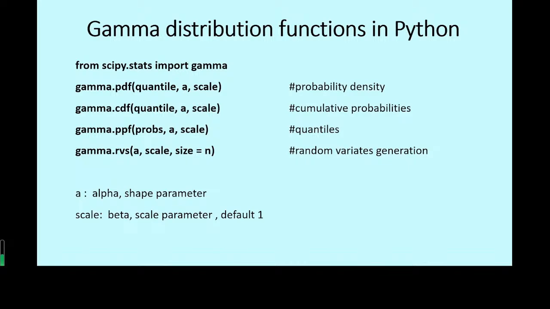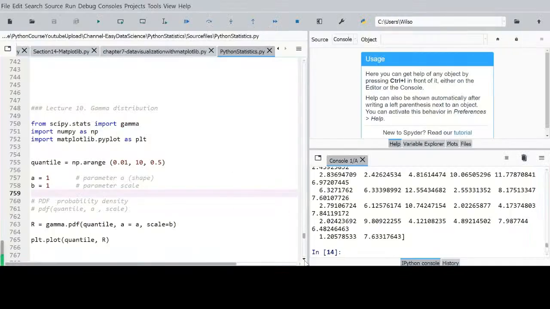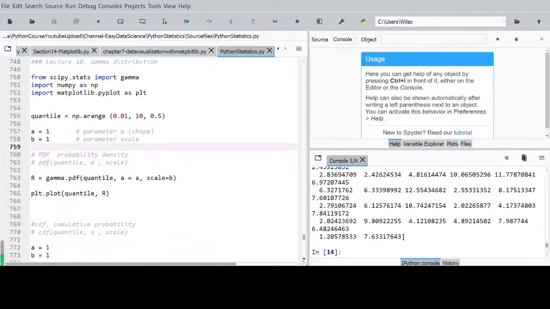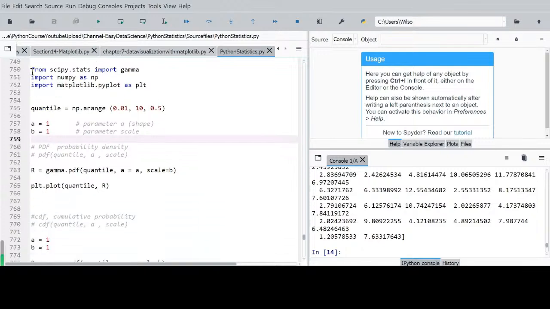Next, we will show several simple examples in Python. First, we have to import modules for gamma from scipy.stats, and the numpy module and matplotlib.pyplot.